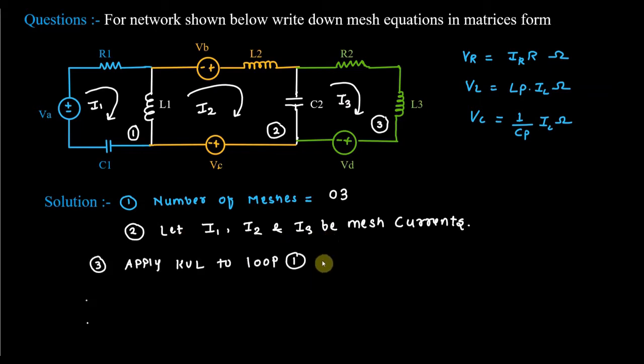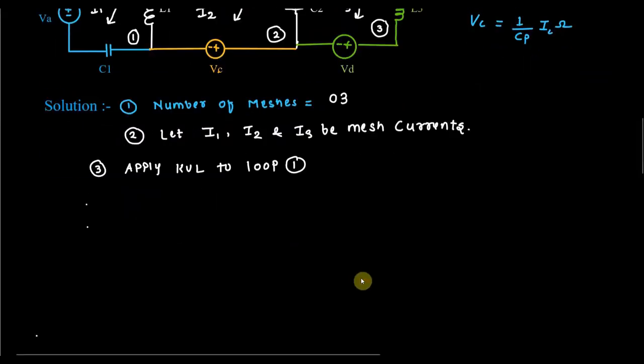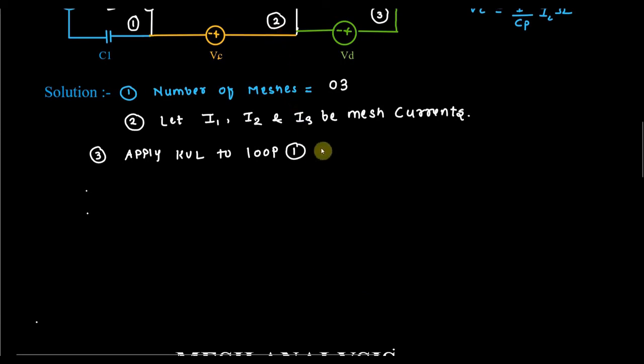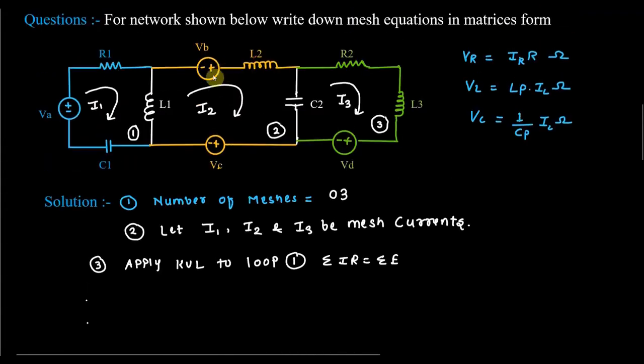So these are the equations. The summation of IR is equal to the summation of E, that we have studied. So what is the current in R1? The current in R1 is I1.